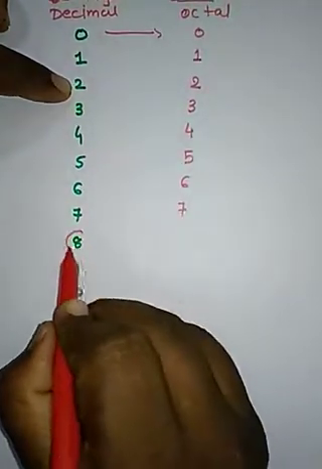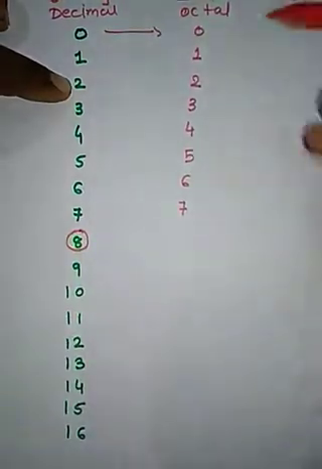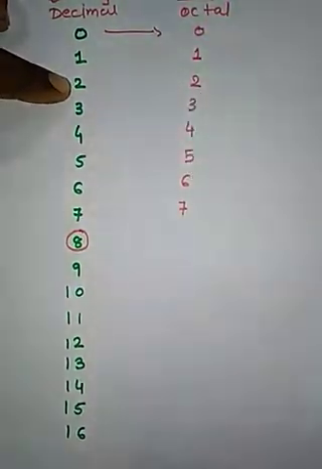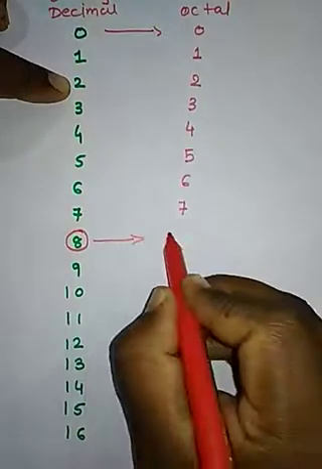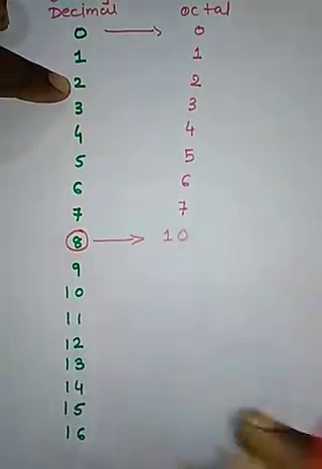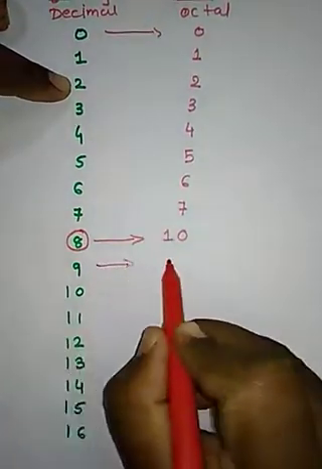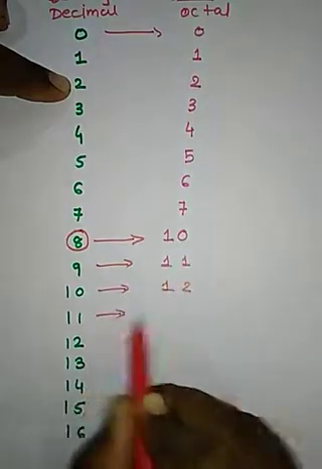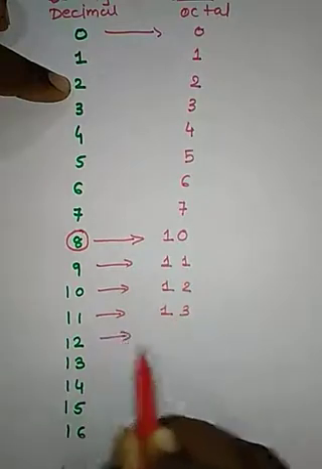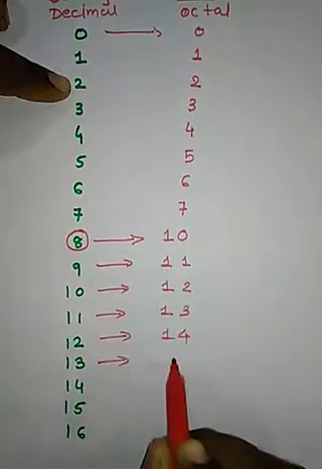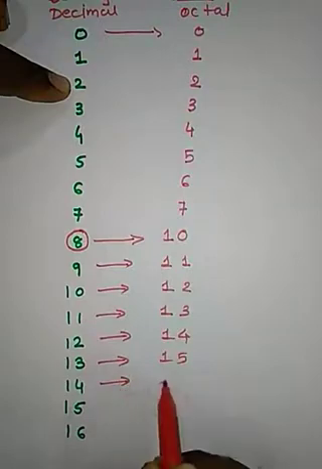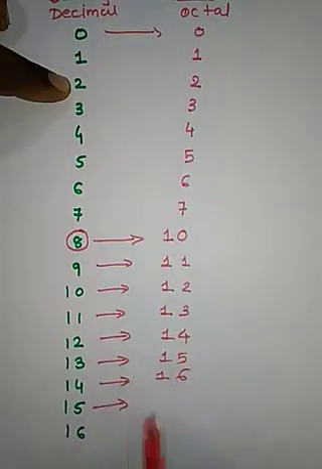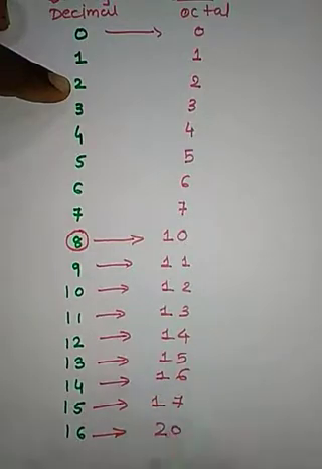Now this number is not covered in the octal. We have to use only 0 to 7. So first, what is the octal of 8? It's a 10. Then 9 is 11, 12, 13, 14, 15, 16, 17. Now we cannot write 18, so we have to write here 20.